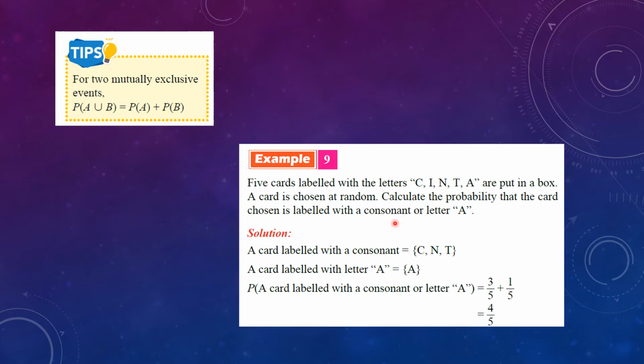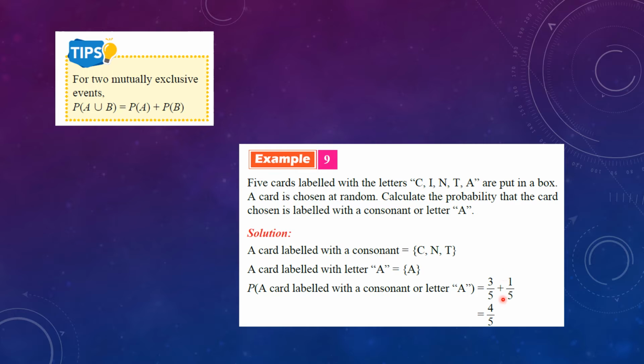So we look for the consonants from the word C, I, T, A. The consonants are C and T, and a card labeled with A, you have 1 A. So the probability that a card is labeled with a consonant or the letter A: for consonant we have 3 out of a total of 5 letters, plus A, you have 1 out of a total of 5 letters.